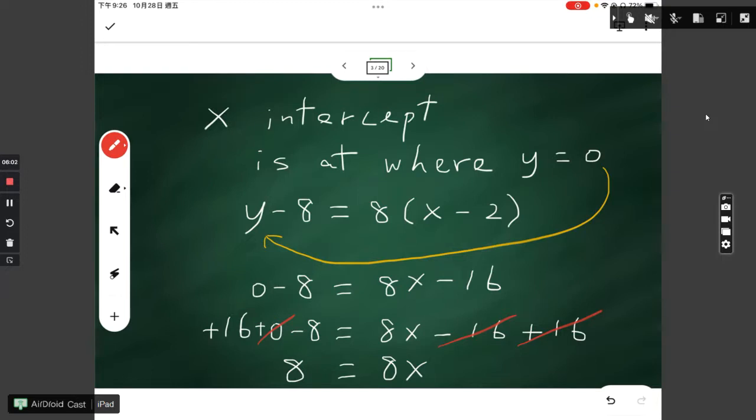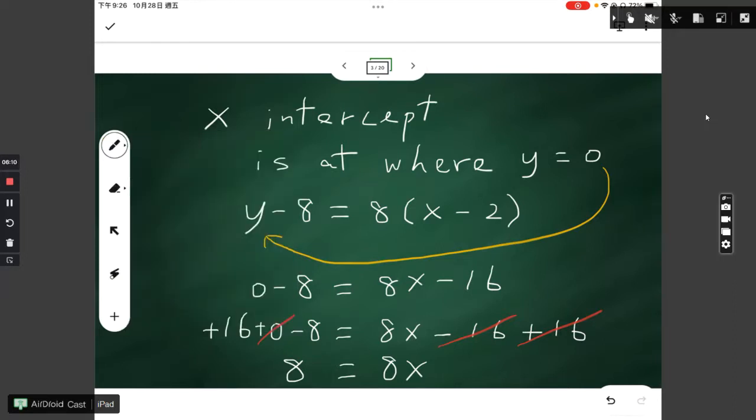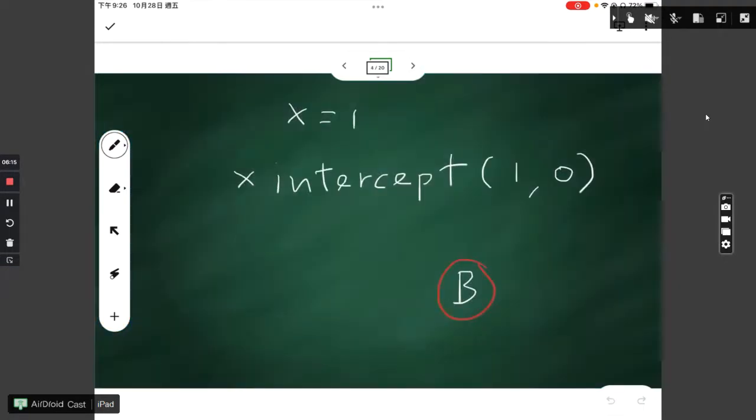So you're left with 16 minus 8, which is 8, on the left, and 8x on the right. So 8 equals 8x, and it's obvious that x equals 1. So this is the x coordinate of the x-intercept.